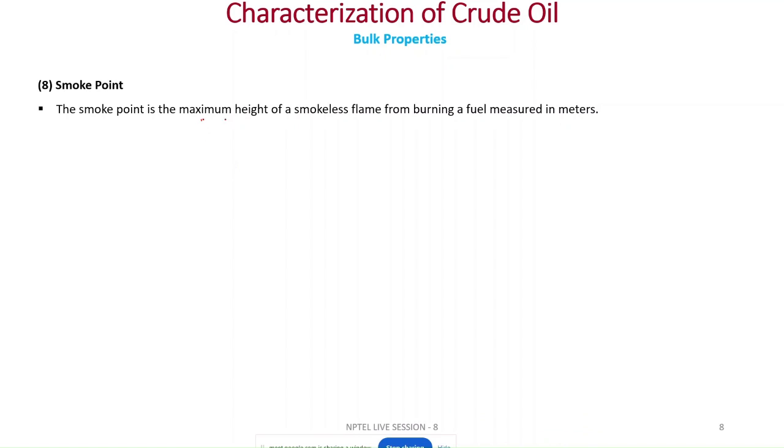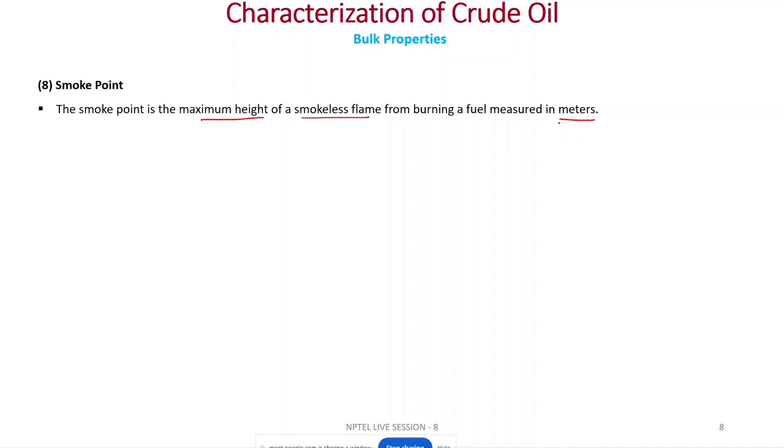So the next bulk property is smoke point. The smoke point is the maximum height of the smokeless flame from burning a fuel, which is measured in meters.